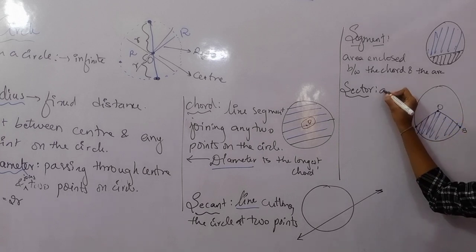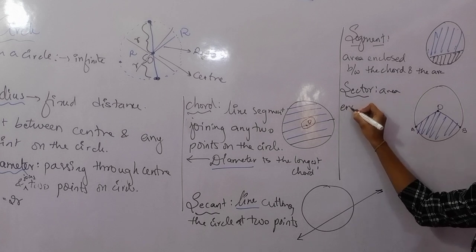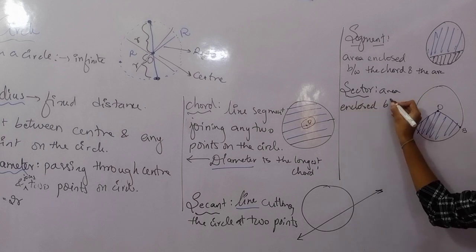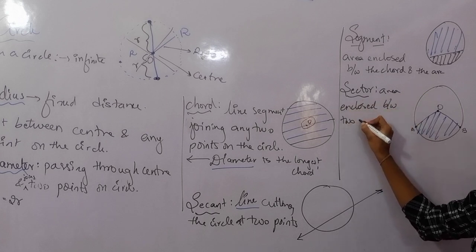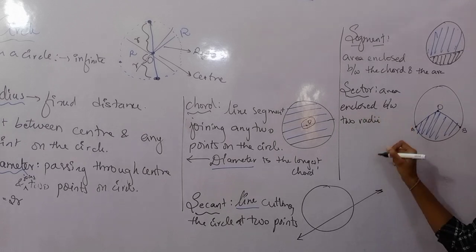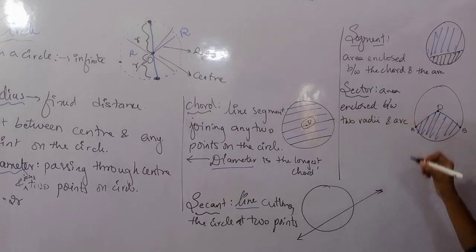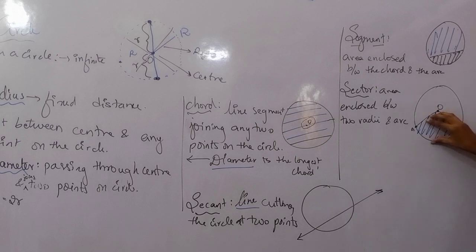I can say the area enclosed between two radii and the corresponding arc is called a sector. This is small, so this is called the minor sector, and the outer region is called the major sector. Clear?